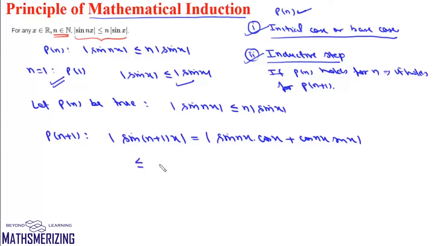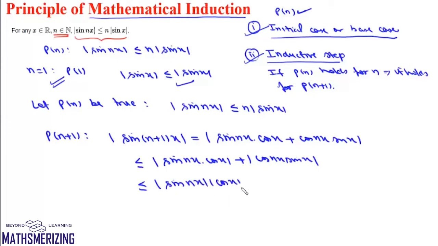So we can write this is less than or equal to mod of sine nx into cos x and then plus mod cos nx into sine x. Now mod a into b is mod a into mod b. So we can write this as mod of sine nx into mod cos x plus this is mod cos nx into mod sine x.